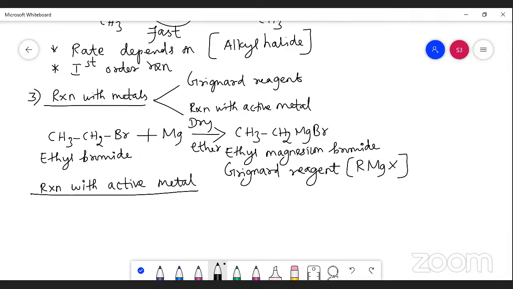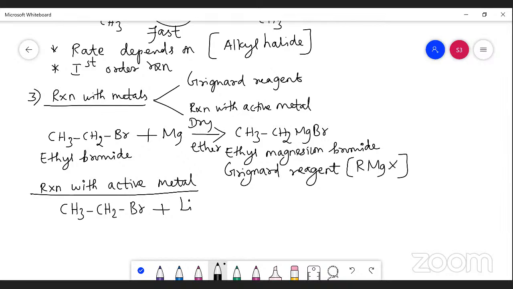One is lithium, and the other one is sodium, like that. So first, if you take CH3 CH2 Br, it reacts with lithium.